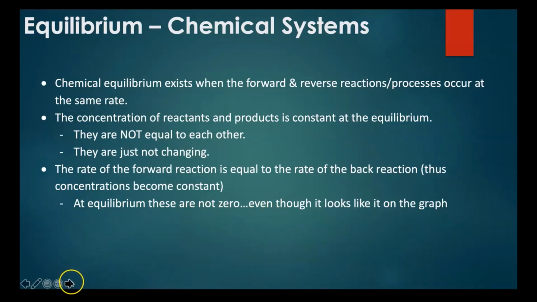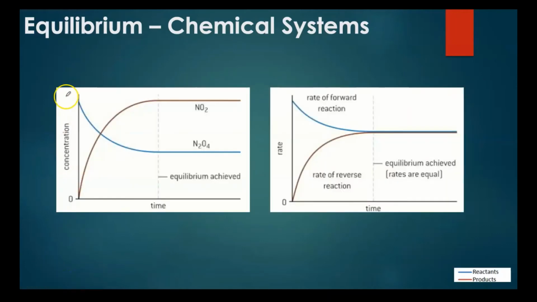Okay, so let's check the equilibrium graphs. You can see that when the concentration change becomes constant, we say equilibrium is reached.